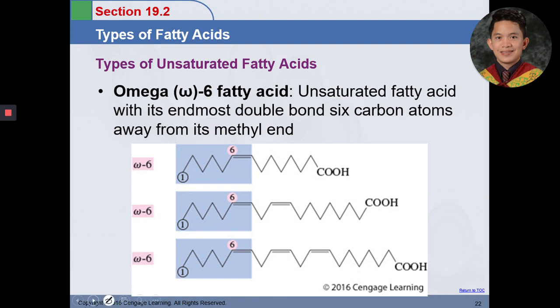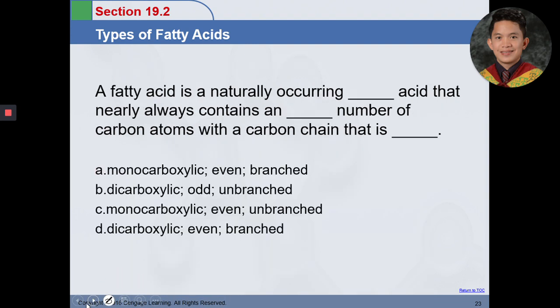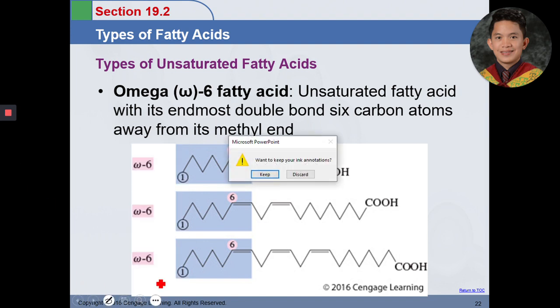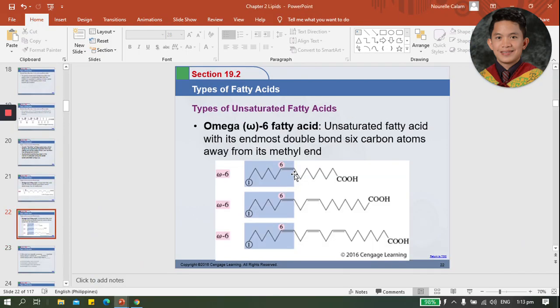Okay, so if we take a look right here, this shows the names and the structures for some biochemically important fatty acids.